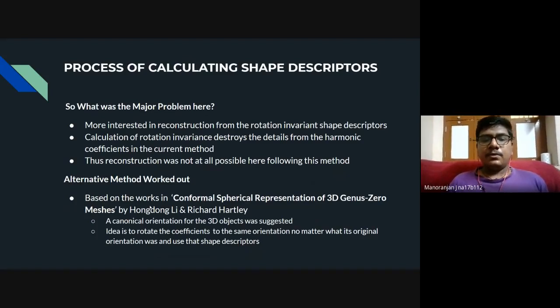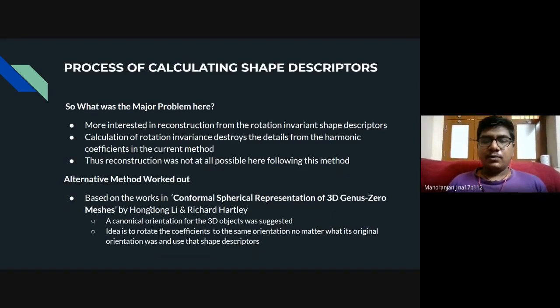So after we compute the harmonic maps and get those coefficients, we try to rotate those coefficients. It's possible to rotate them, and we transform them to a space where the values of each shape will be the same.